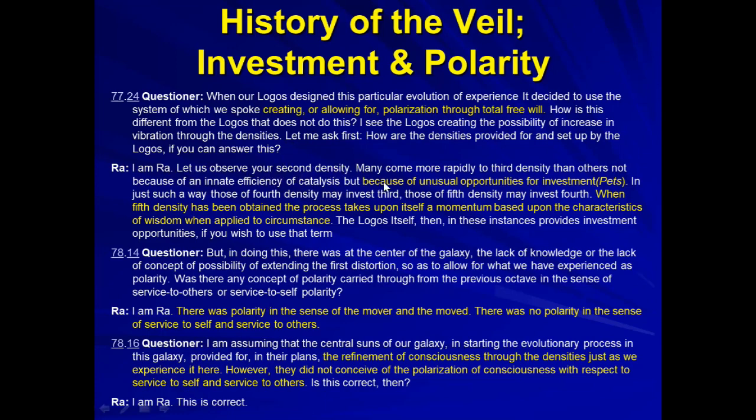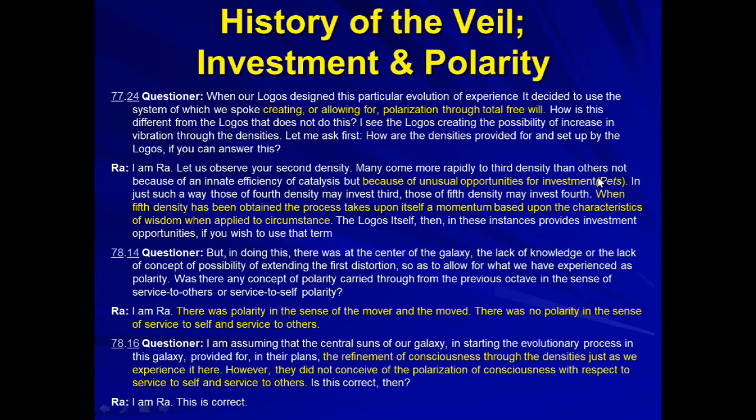So, animals and plants. Many come more rapidly to third density than others, not because of an innate efficiency of catalyst, not because they're better at growing than others, but because of universal opportunities or investments. He's making a reference to another passage where he talks about our pets and how we invest love and individuality in our pets by making them our pets.